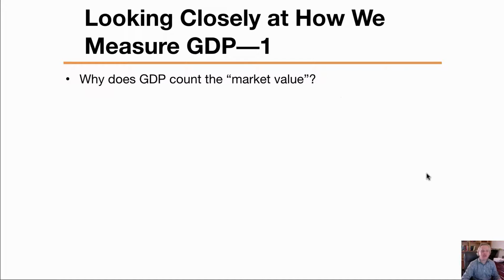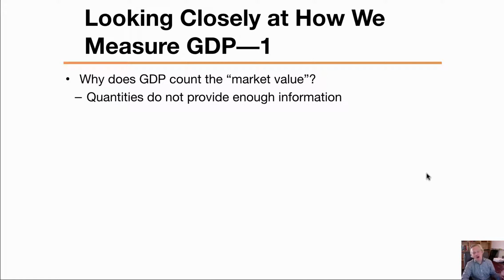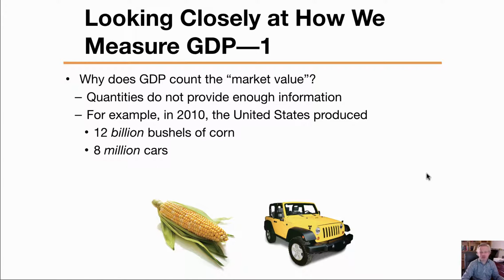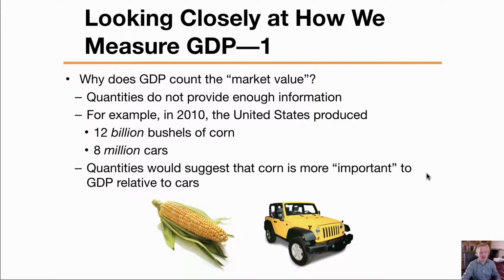Well, quantities would be a bad way of going about it because it doesn't give us a whole lot of information. 12 billion bushels of corn versus 8 million cars: even though 12 billion bushels of corn is more in terms of quantity, corn is not more important to the U.S. economy than cars, because the average bushel of corn, of course, costs way less than the average car.